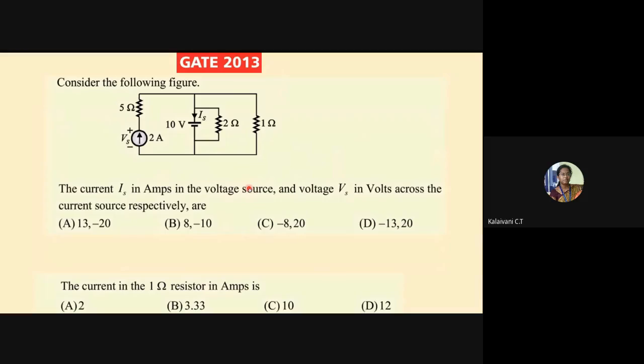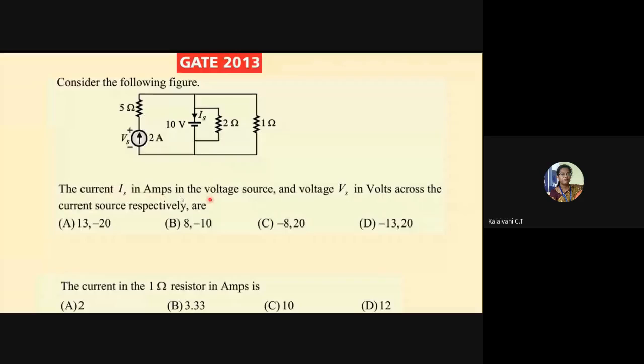Next question is, consider the following figure. The current IS in amps in the voltage source and the voltage VS in volts across the current source respectively. So our question is to find the current IS in amps in the voltage source.